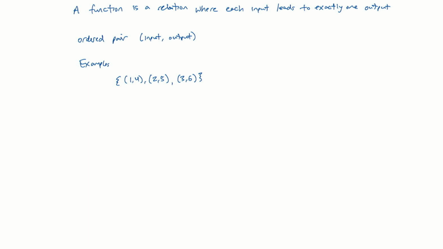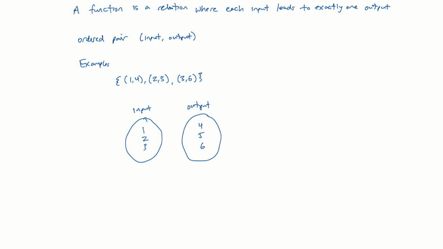And so we can visualize this as the following. So we'll list input, we'll draw a circle, we'll do output, another circle. The inputs are all the first values, so those are going to be 1, 2, and 3. The outputs are the second values, so they are 4, 5, and 6.